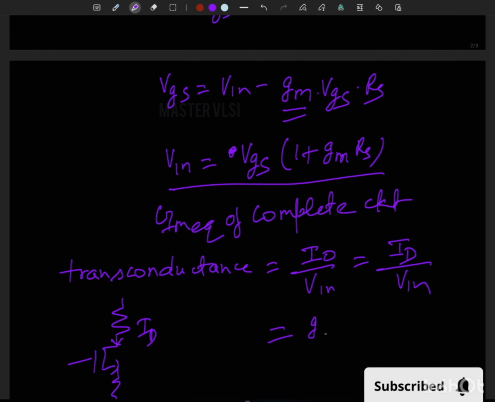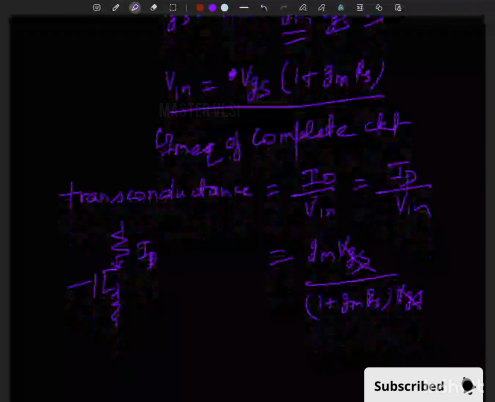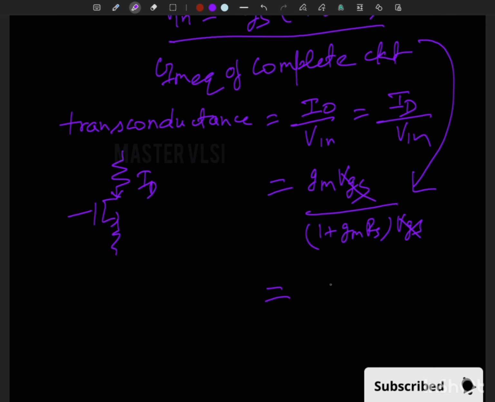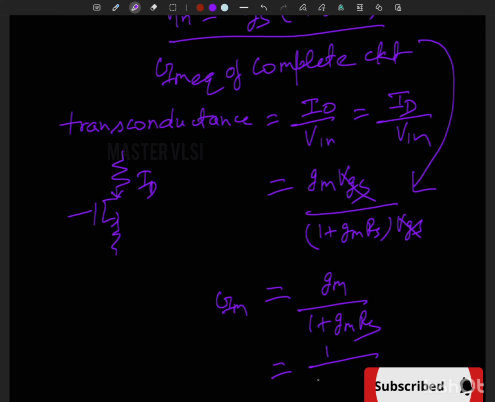So it will be GM into VGS upon 1 plus GM Rs into VGS. So VGS cancels, and from here we get GM of the complete circuit. So GM equivalent is GM upon 1 plus GM into Rs. Very important thing, I am denoting it by capital G. If we divide numerator and denominator by GM, it will come as 1 upon 1 by GM plus Rs.